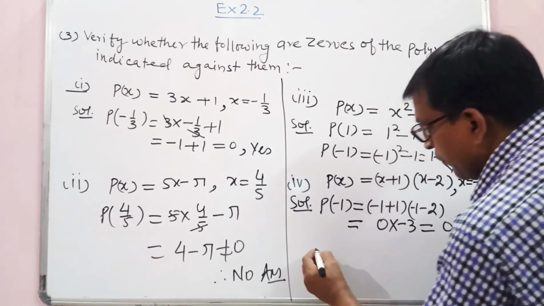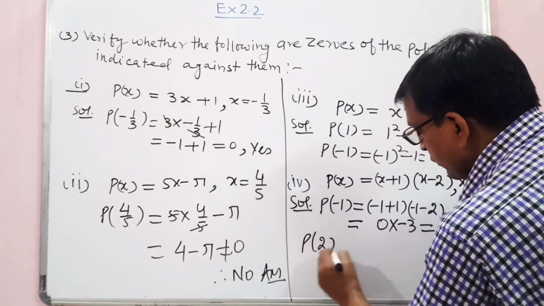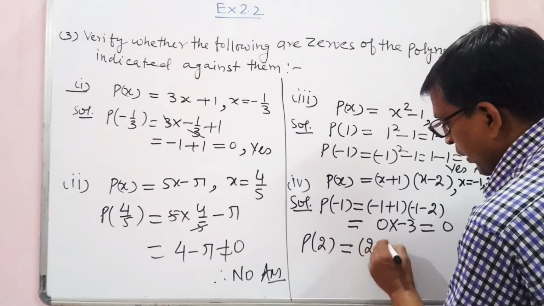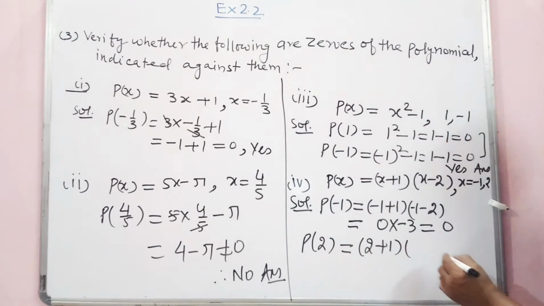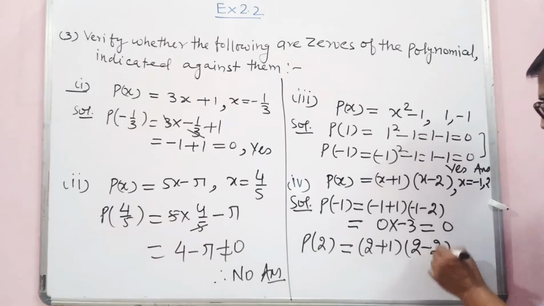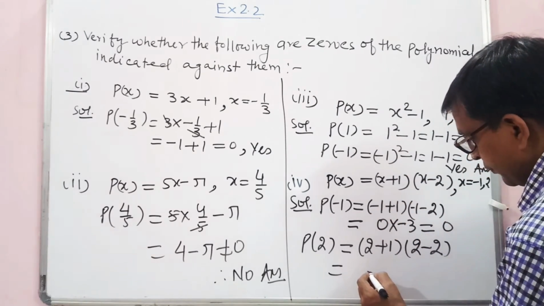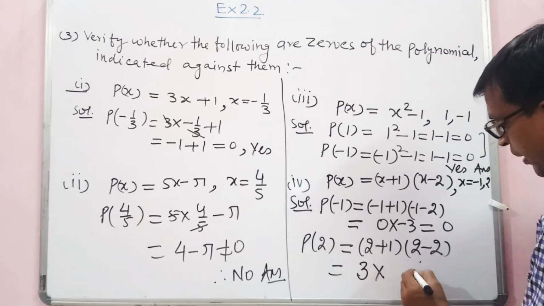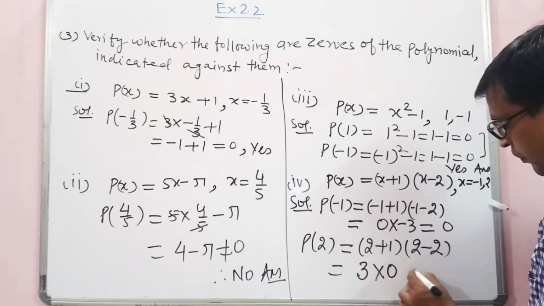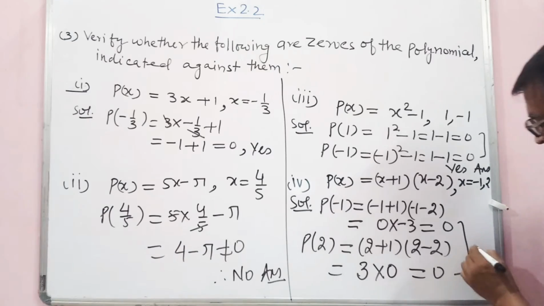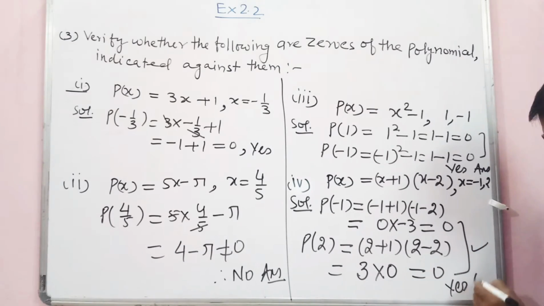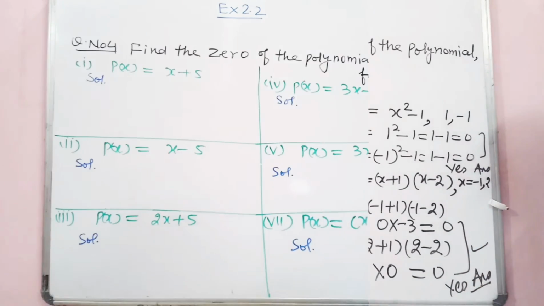Now we put the value of 2. 2 minus 2 plus 1. 2 minus 2 is 0, 2 plus 1 is 3, 0 equal to 0. Both answers are 0. Then we write down yes. Answer.